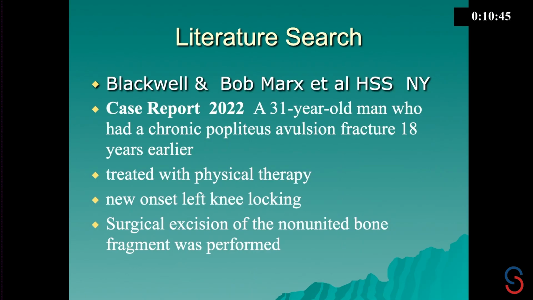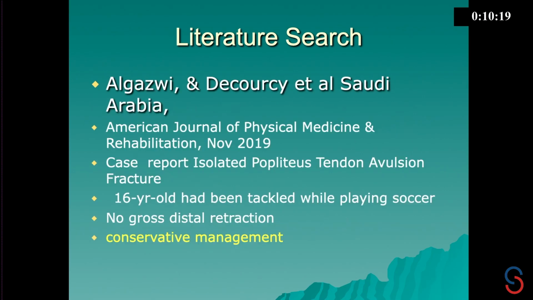I've done some literature research. There were several case reports, one by Bob Marks in 2022 of a 31-year-old who had a chronic popliteus avulsion fracture 18 years earlier, was treated conservatively, and then came to them with a locked knee, and the fragment was excised.